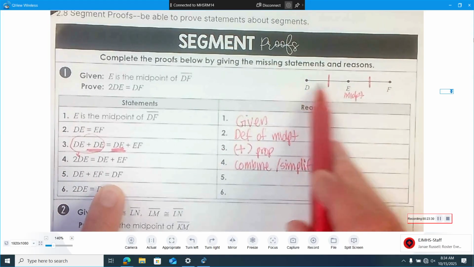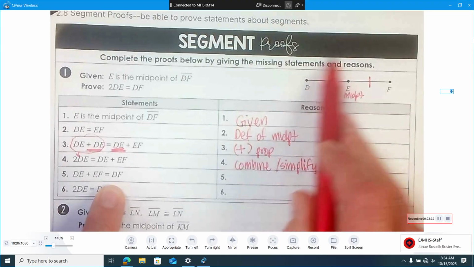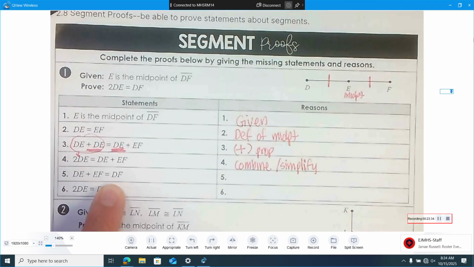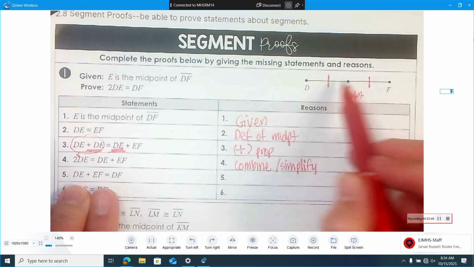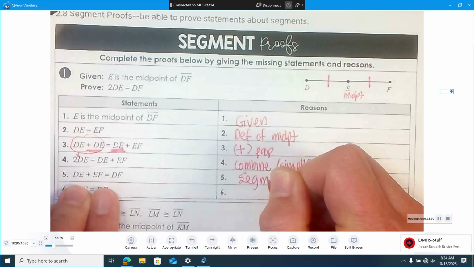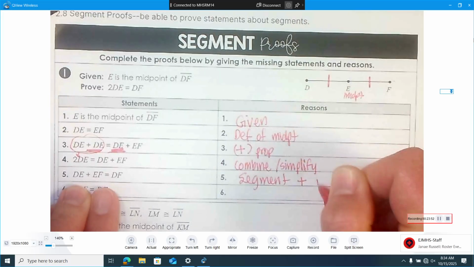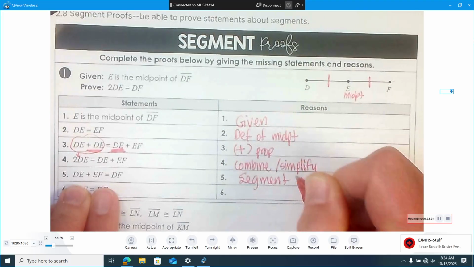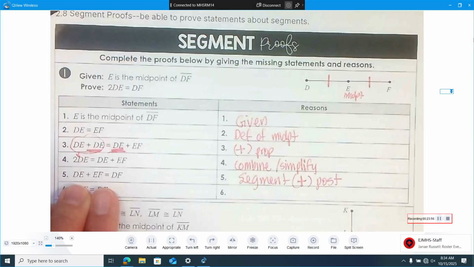What property says this little piece plus this little piece equals the whole thing? That is the segment addition postulate. Little piece plus little piece equals whole thing.